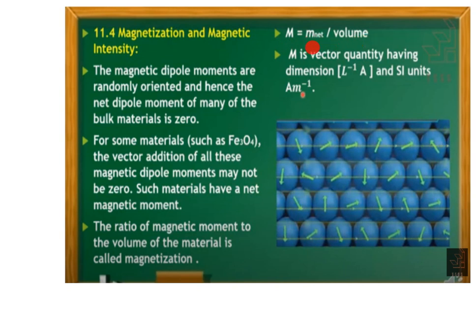Small m is the net magnetic moment. Magnetization is a vector quantity, having dimension L^-1 ampere, and its SI unit is ampere per meter.